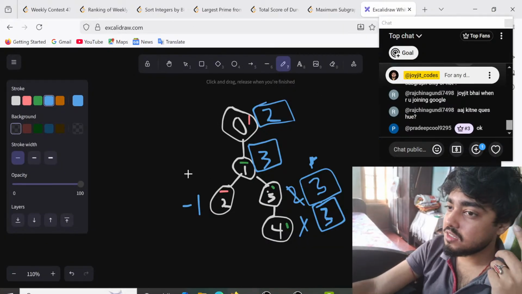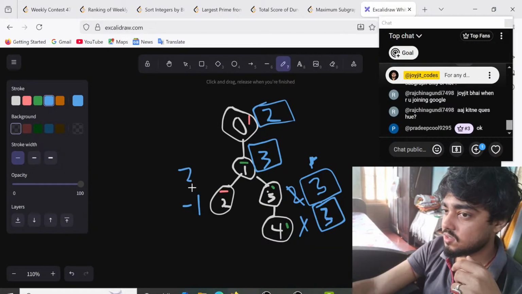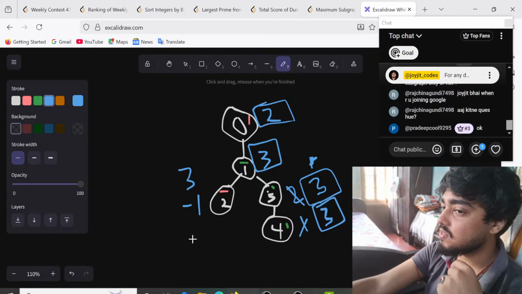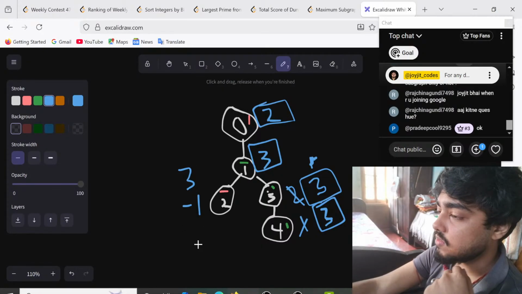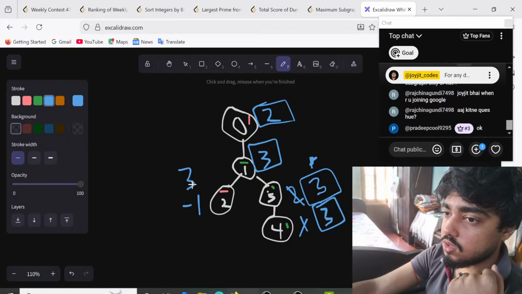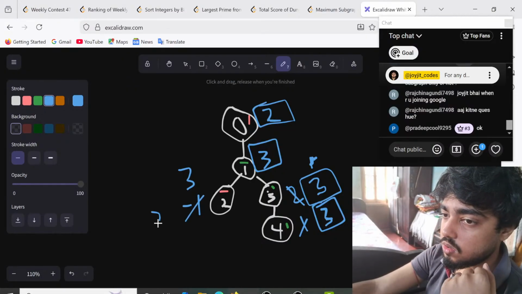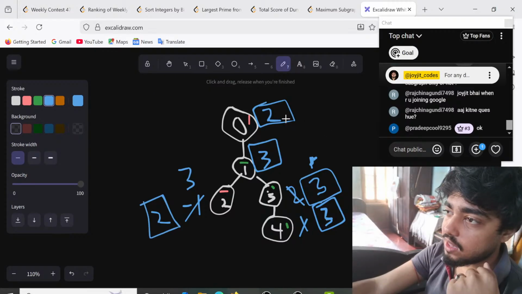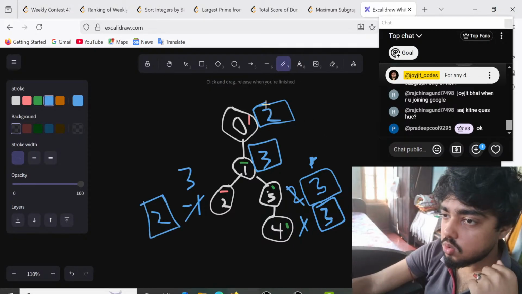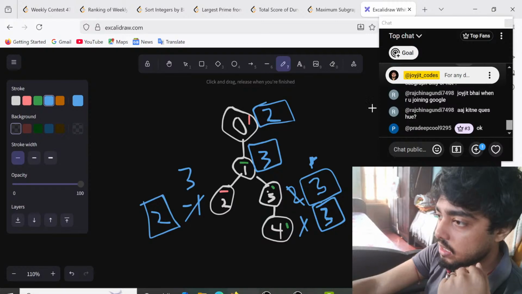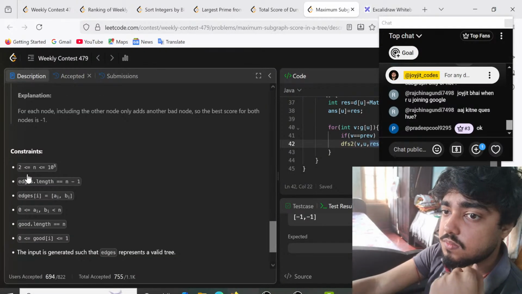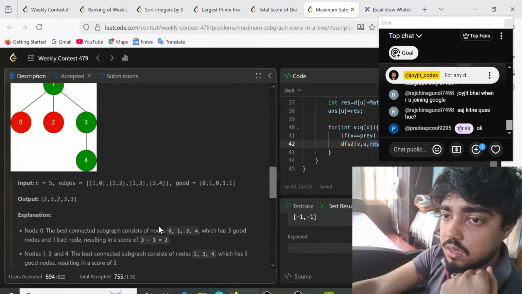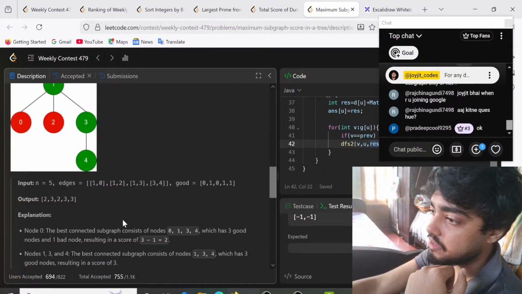So it becomes 3 only. So this becomes 3. And 3 plus minus 1 is 2. Okay. Which is maximum? 2 or minus 1? 2 is maximum. So this becomes 2. And 2 is the final answer. If you look at the solution, it is going to be 2, 3, 2, 3, 3.